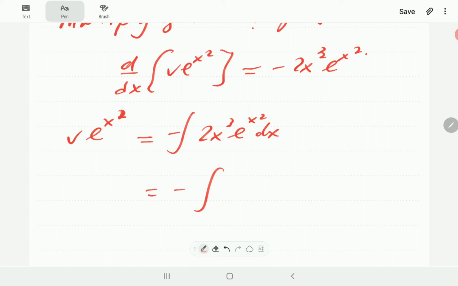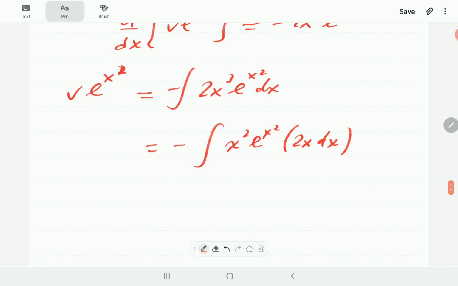Well, this integral, if we regroup the terms like this, so x squared e to the x squared there, and then 2x dx here, then we're going to use the method of u substitution.